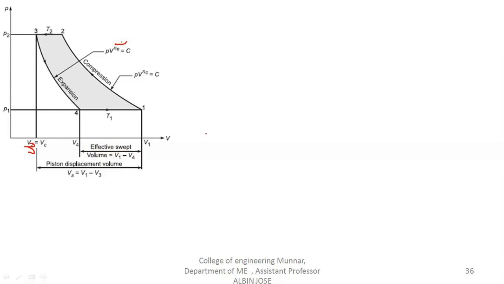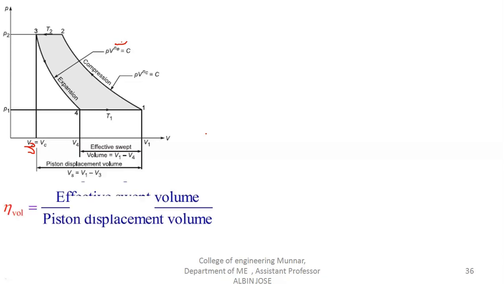Okay, now we have to derive an expression for the volumetric efficiency of this reciprocating compressor with clearance volume. The volumetric efficiency is the effective swept volume divided by the piston displacement volume.